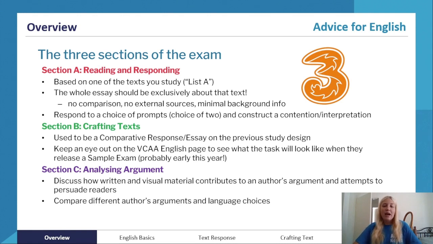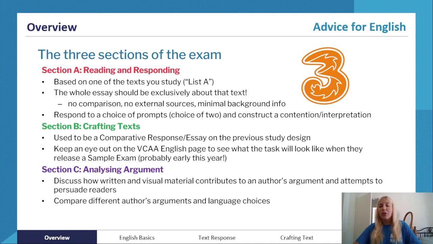There's no comparative aspects to the task, there's no external sources, there's minimal background information about the text. It's heavily analytical in terms of the background info that you do use and analyze is just in your analysis. Linking things back to the context of your text should be done as part of your analysis.